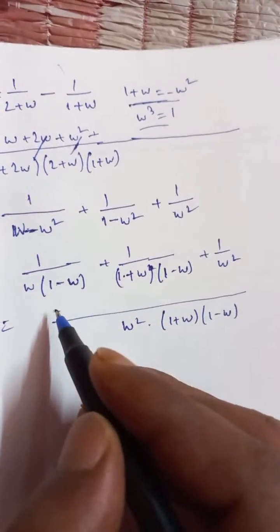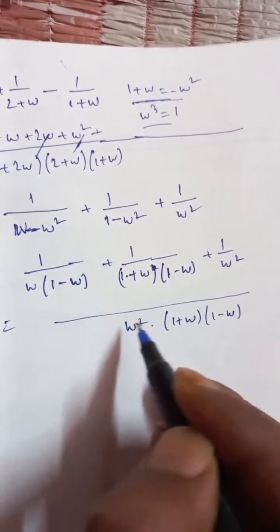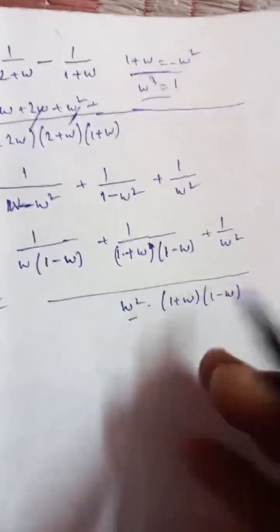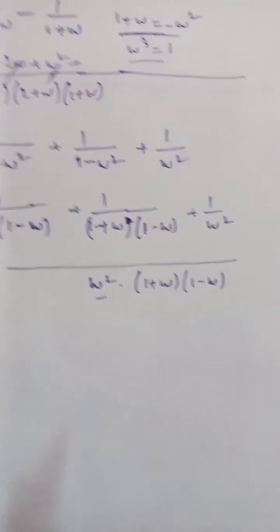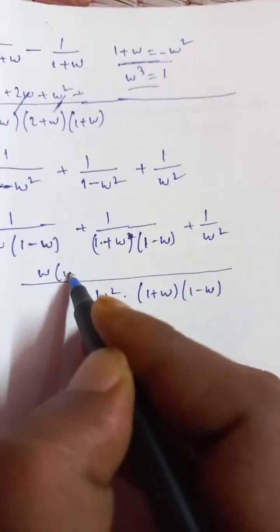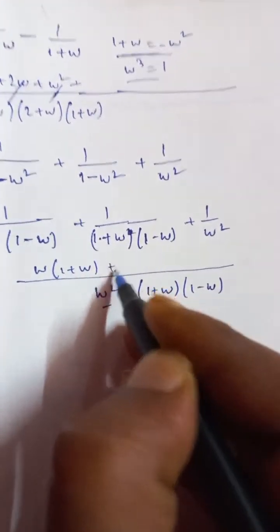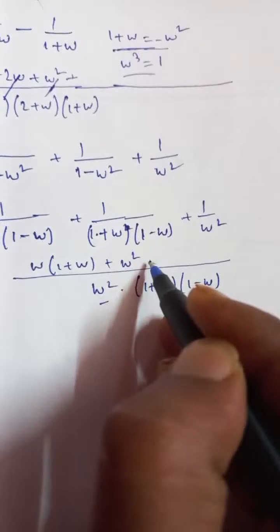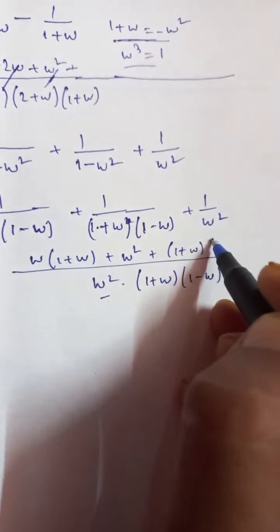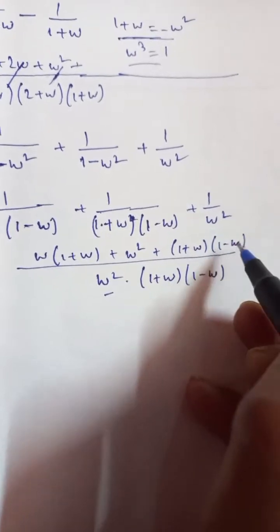The numerator for the first term will be omega, 1 plus omega, that will be omega square, and here it will be 1 plus omega, 1 minus omega.